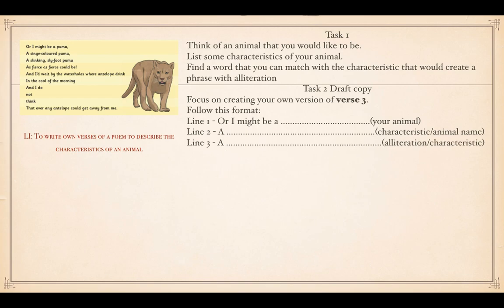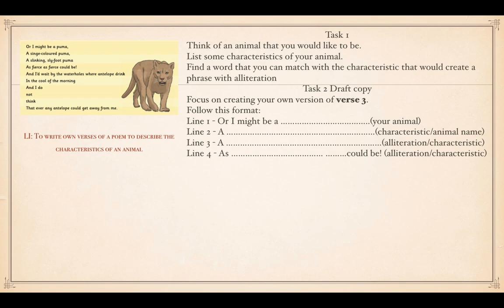Line 3, "a something, something, something". So you need alliteration and you need to write a characteristic, and I forgot to put at the end as well as the animal's name. So that line has to have alliteration, you need a characteristic, and you need the animal name. Line 4, "as something", and it ends with "could be".